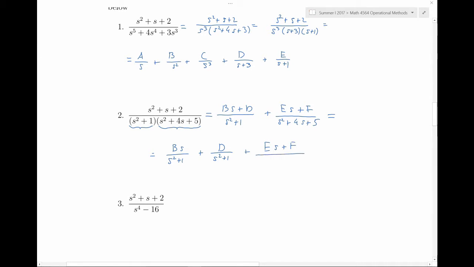I'm going to complete the square on the bottom. Now that's s plus 2 squared plus 1. So we'll have to write it as a series of shifts, because we can see the denominator shifted, but the numerator is not. So we'll have to write it as shifted fractions.